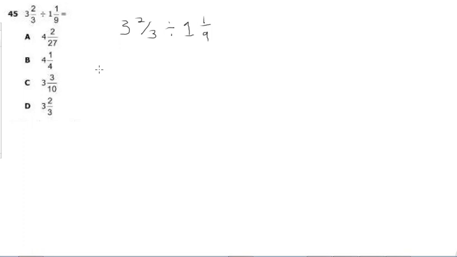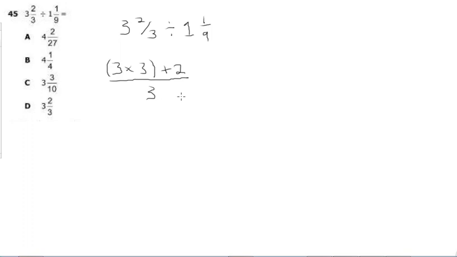To do that, all we do is multiply the whole number part by the denominator. For the first fraction, we say 3 multiplied by 3. Then we add the numerator, so plus 2, and the denominator remains the same, so we have 3 at the bottom.